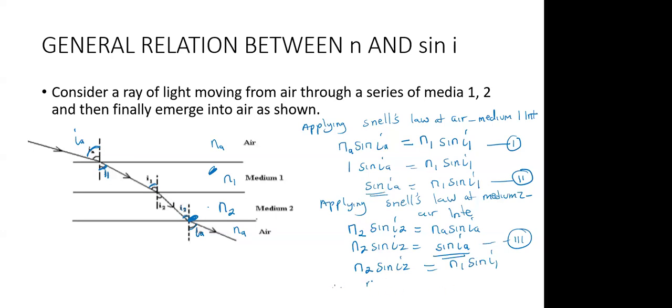Therefore, I can conclude that N1 sine of I1 is the same as N2 sine of I2. Even if I have 3 mediums, it will be N3 sine I of 3. So you are noticing that it is the same thing, and that's why we're saying that N sine I is always equal to a constant.